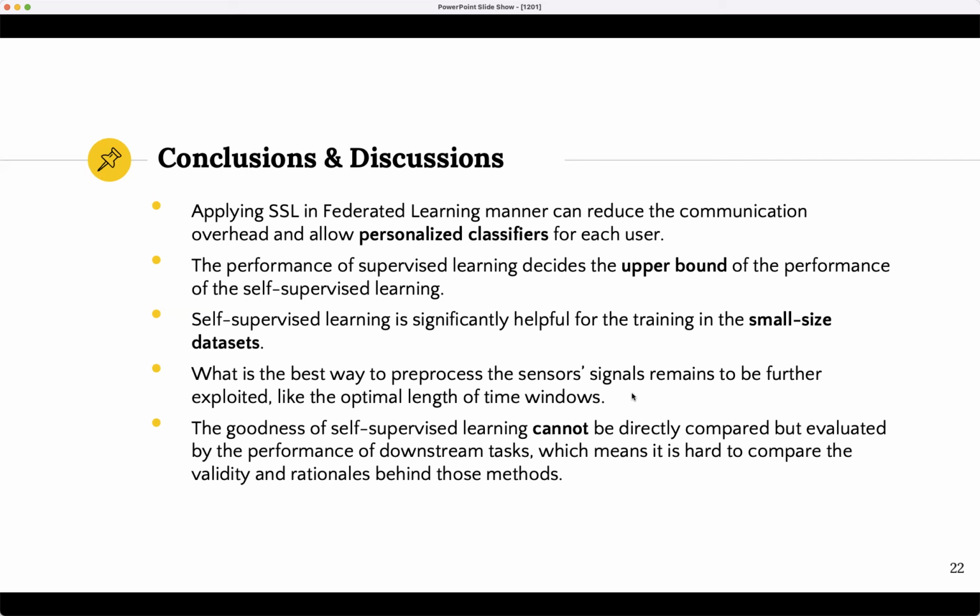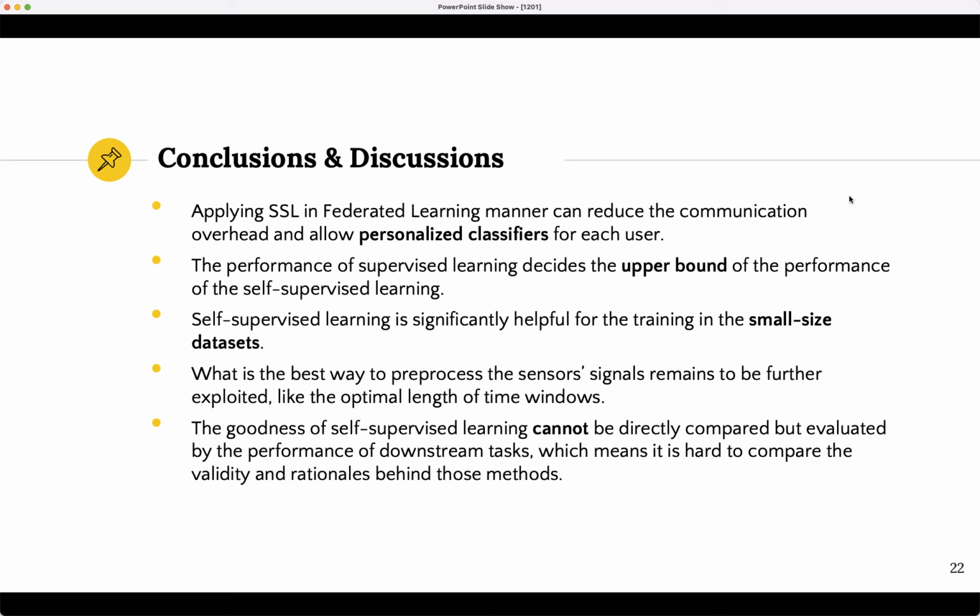Actually, this is the main idea behind the MetaHAR paper I presented last time. They follow this kind of scheme. And the performance of supervised learning is the upper bound, as I've mentioned before. And the self-supervised learning is significantly helpful for training on very, very small data sets.